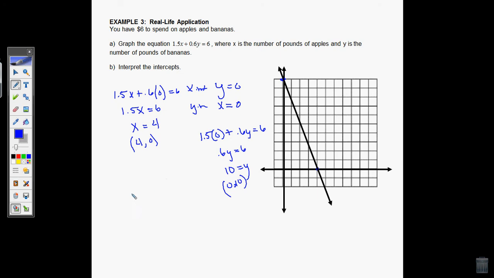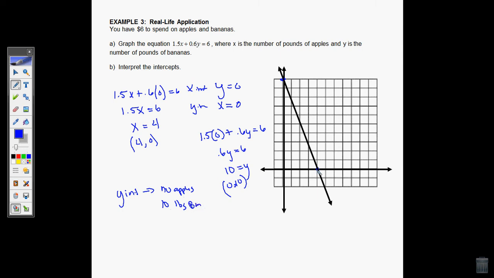So it means that I had 0 pounds of apples. I made the choice to not buy any apples and buy 10 pounds of bananas. So the y-intercept tells me I choose no apples and 10 pounds of bananas.